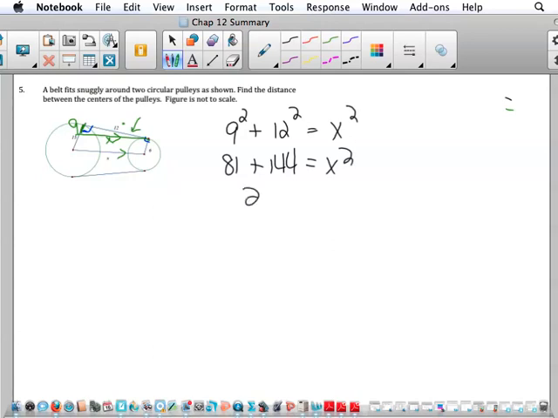That gives me 225 equals x squared. So x is equal to 15. Remember, you take the square root of that. Next year in Algebra 2, you'll get 2 answers, positive and negative 15. But because we're talking about a distance, we only want the positive value.